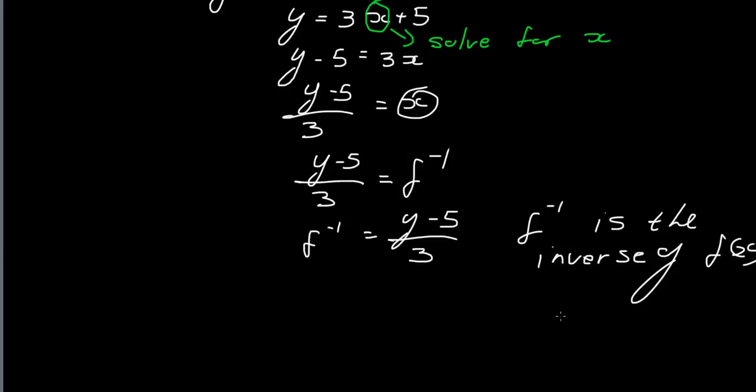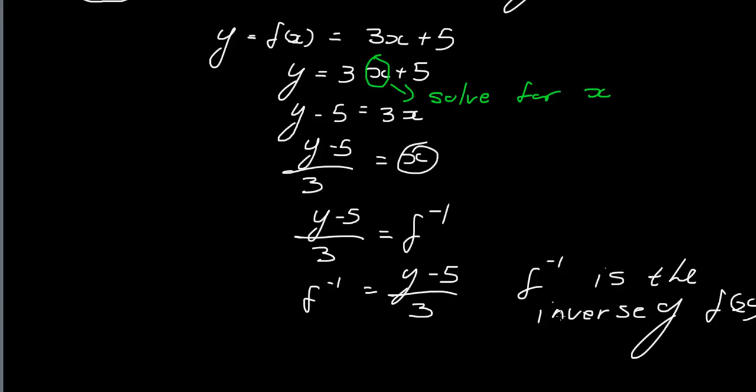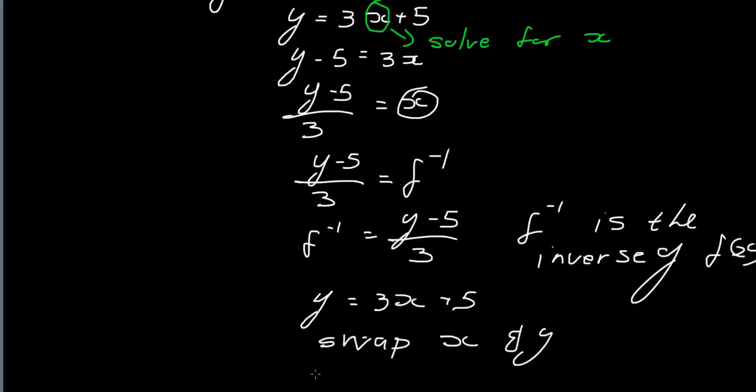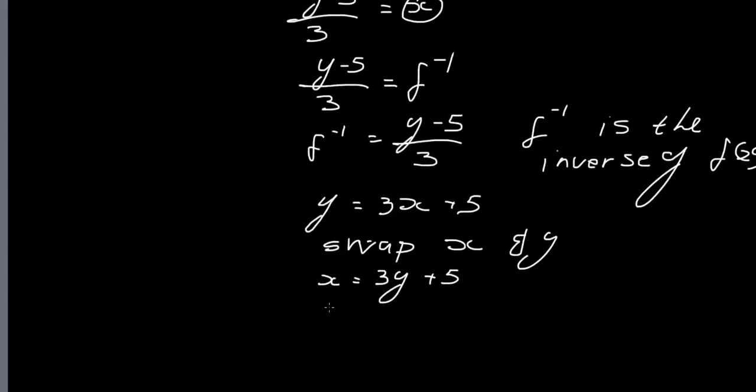Now just see, the way they did it in your book is they've done essentially the same thing, except they just swap x and y initially and then solve for y again. So given y equals 3x plus 5, this is their method of finding the inverse. Swap x and y. So you'd write that x equals 3y plus 5. And then solve for y, which is exactly the same as what we've just done.